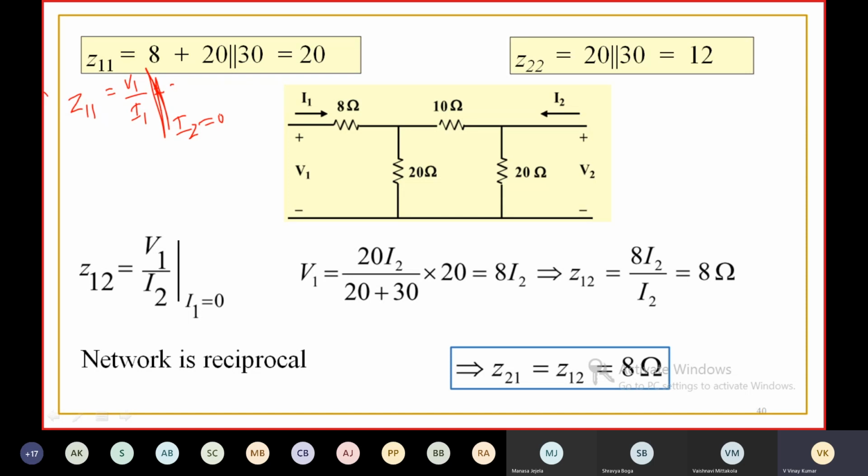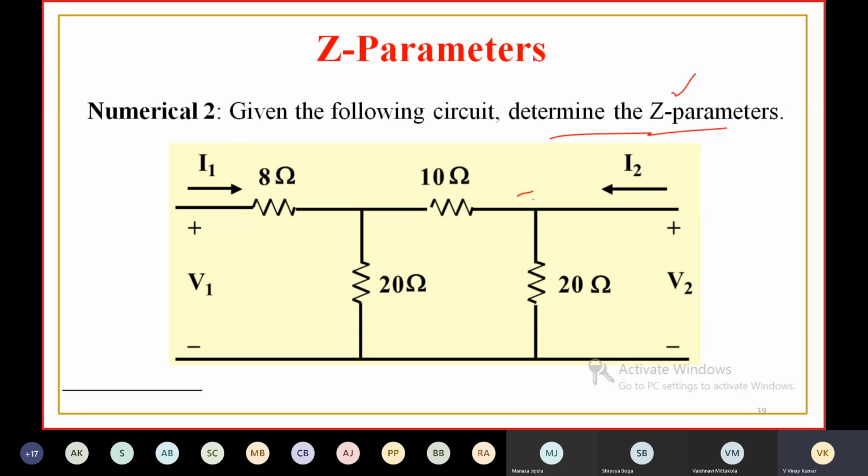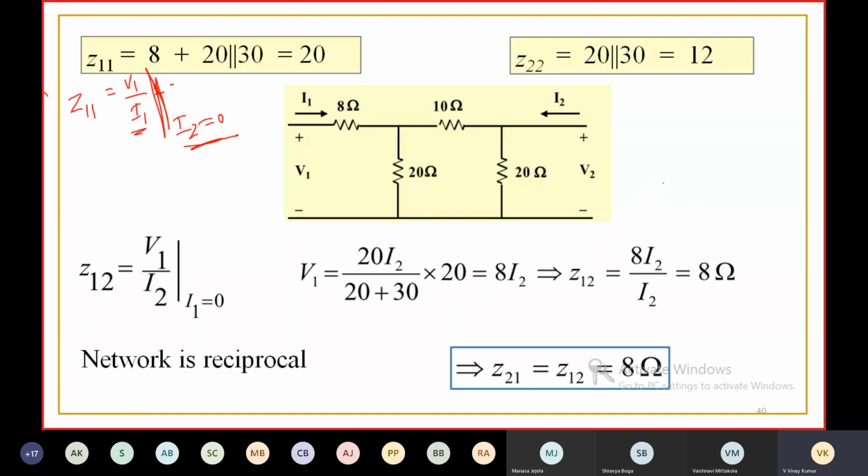Either you make port 1 open circuit or port 2 open circuit. So if I1 is present, I2 will be 0. You open circuit this port 2, then I2 becomes 0, and you can find V2.